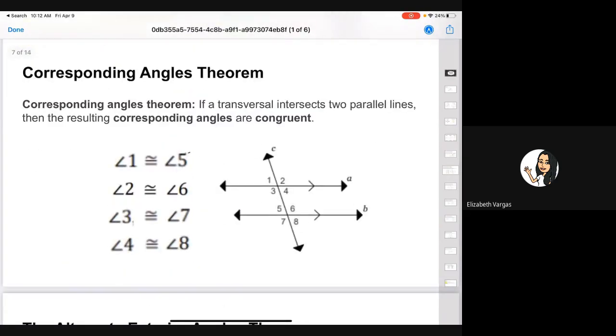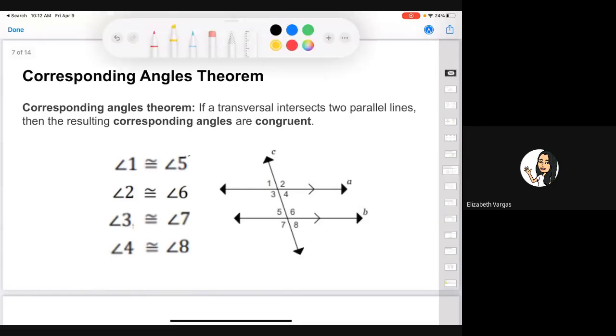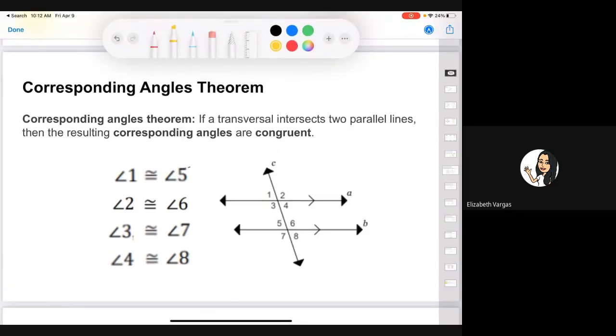Okay, so what is the relationship between these? Well, we have relationships which go with some of our angles. So for example, corresponding angles. Corresponding angles are angles on the same matching corners. So basically, we have these 2 lines, our system of lines. We have our transversal, which intersects those systems of lines. So basically, the corresponding angles will be corresponding in relation to where they are on those lines.